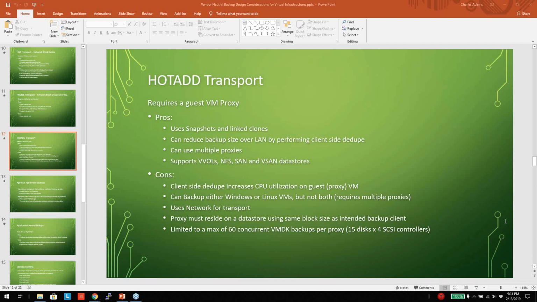Okay. On this particular slide, would one proxy per VM host be a good idea? Pinning basically that VM to the host and keeping one VM per host.